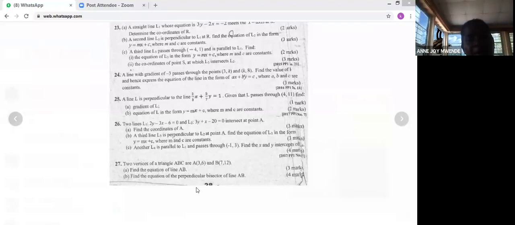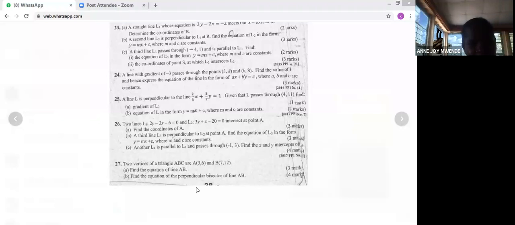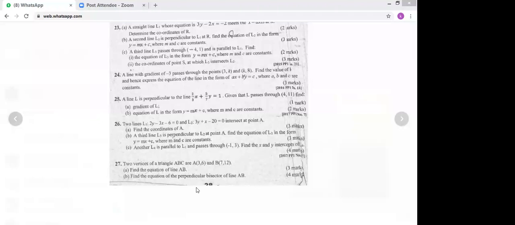Joroge Chege? Oh, I have gotten S to be negative 1, 3. Explain what you have done. I took the equation of line 2, which is y is equals to negative 3 over 2x plus 3 all over 2.